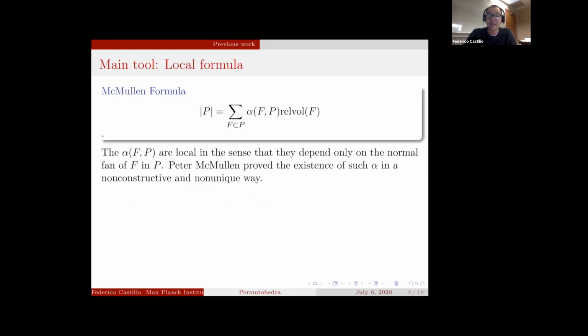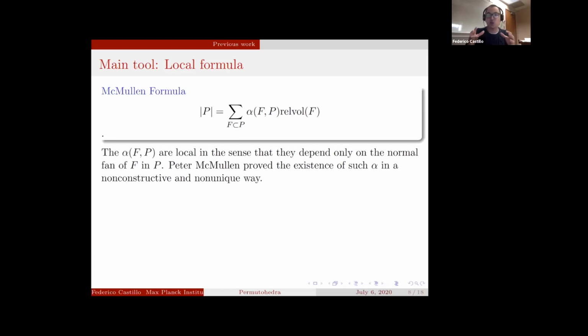And one way to study these coefficients in this polyhedral context is the following. There is something called a McMullen formula, or people call them Euler-Maclaurin formulas, or some names. But the point is, there are some really interesting formulas that compare the number of integer points of a polytope. That's what I mean, the cardinality of the polytope. And the formula will look like this. For each face, we are going to have the relative volume of the face, which is a positive quantity, with some, let's call it a correction term, an alpha term.